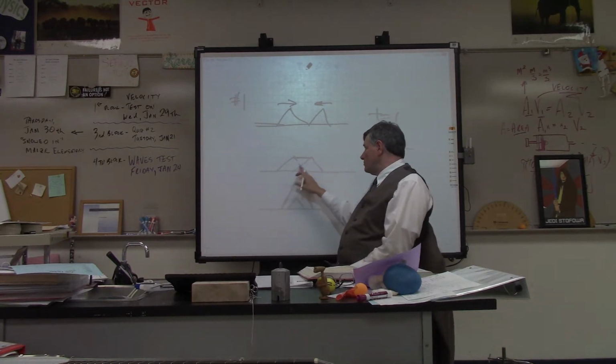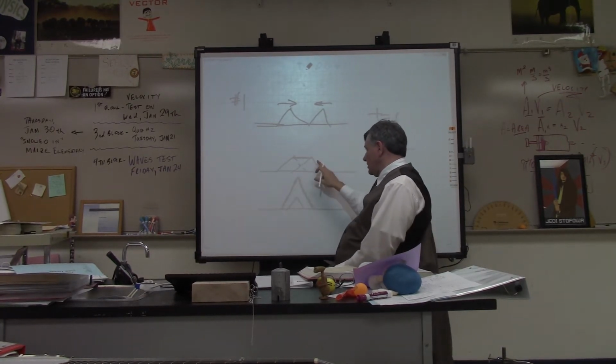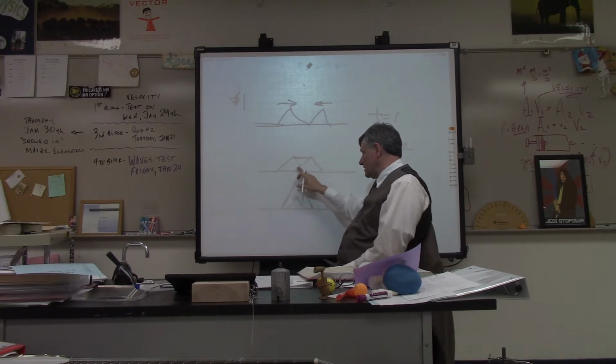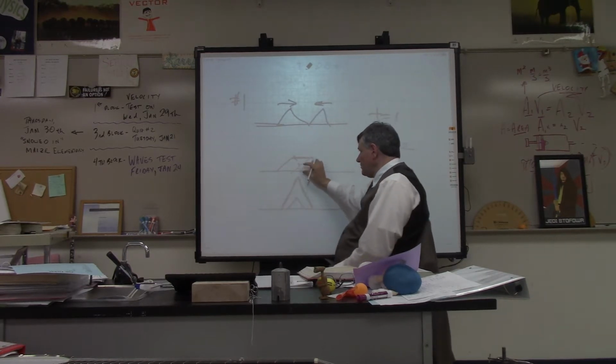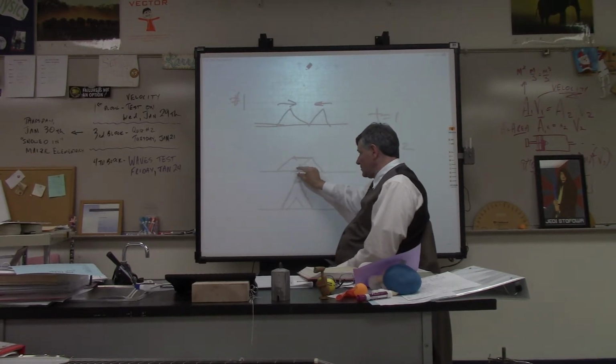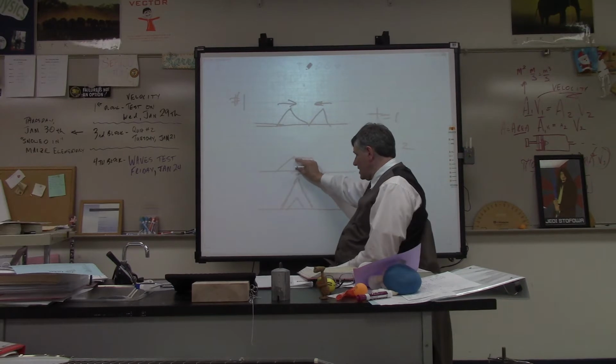So when you get to the second one, what I did here with these dashed lines is saying, okay, this is where these waves actually are. If you added them together, you'd have this little bit here added with that little bit here, and you're going to end up with basically a horizontal line.